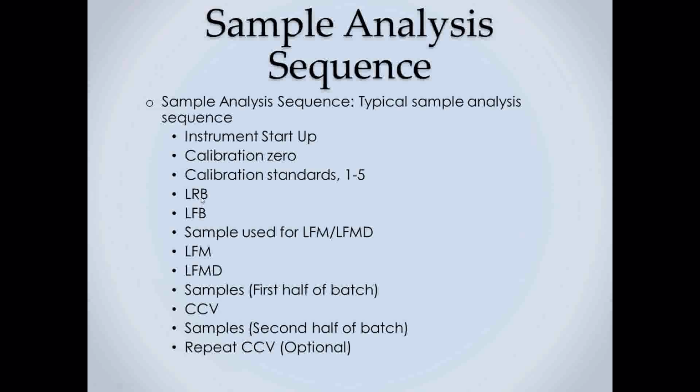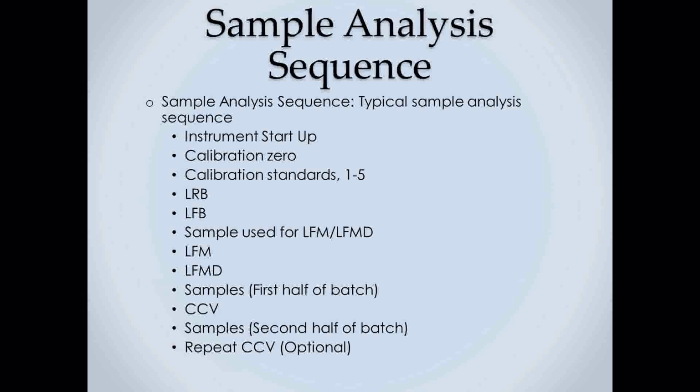You run your LRB. If your LRB fails, then you don't need to go any further, okay? You run your LFB. If your LFB fails, you don't need to go any further, okay? Then you say, okay, I'm going to run my sample that I use for my LFM and my LFMD. Then I run my LFM and my LFMD. If it fails, you don't need to go any further.